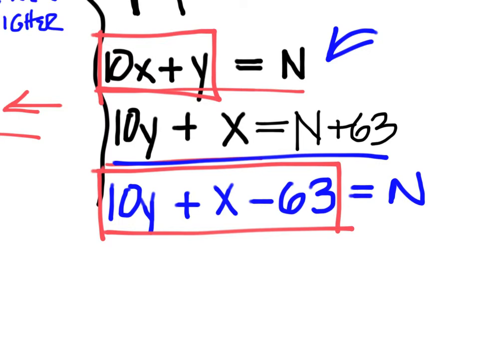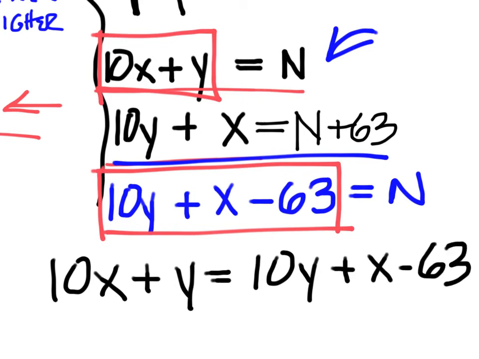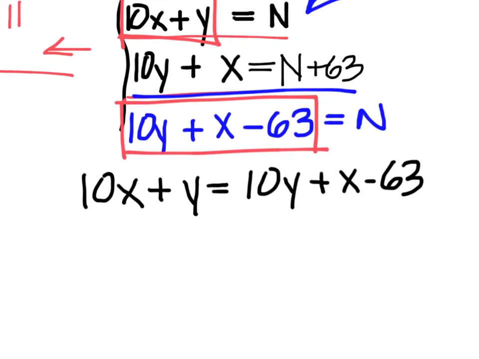Anytime I have two expressions that are equivalent, what can I do to them? Not add them together. Not substitute. Not cancel. Set them equal. Yes. So 10x plus y equals 10y plus x minus 63. All right, let's move everything over.